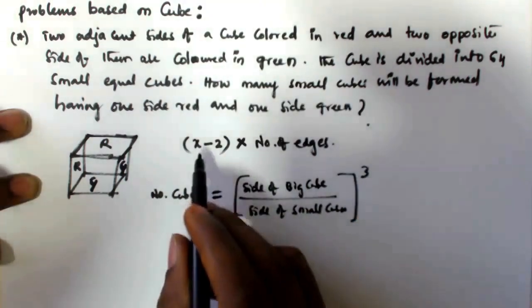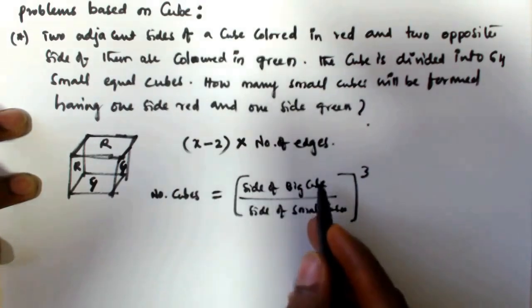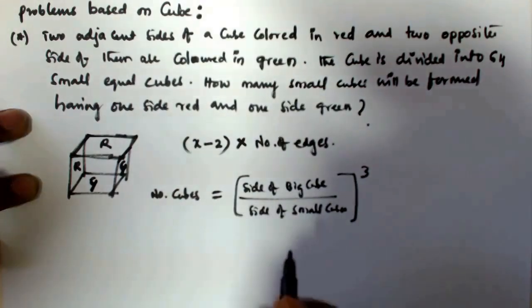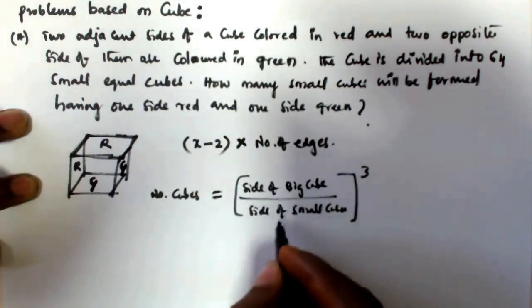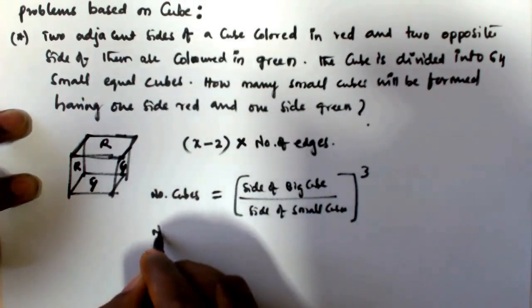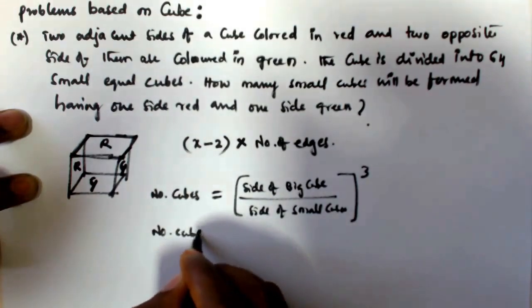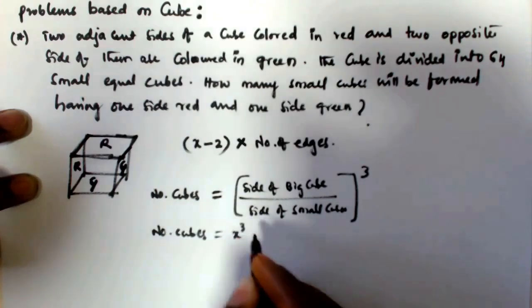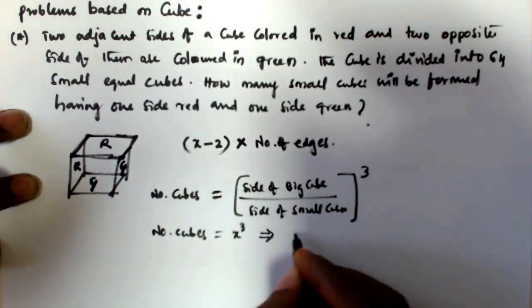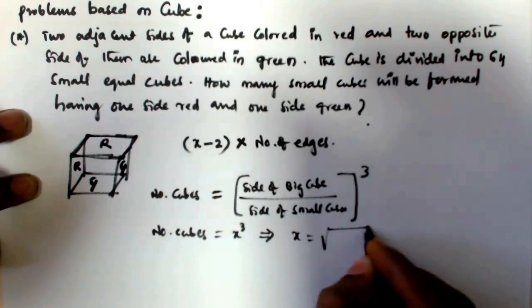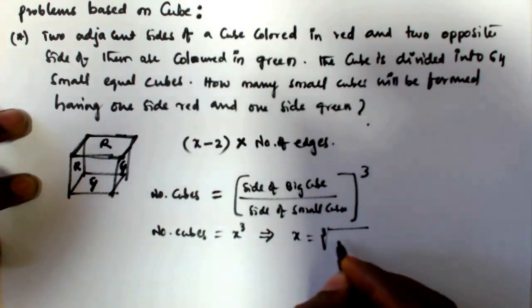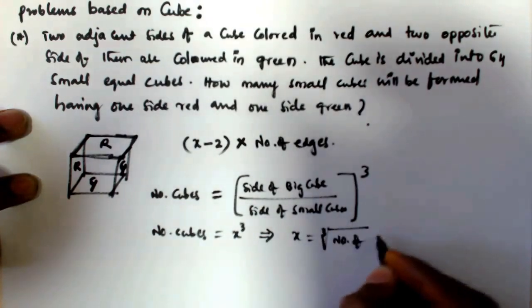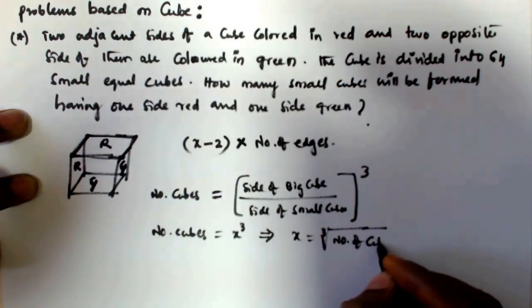So x is nothing but the ratio of the side of the big cube to the side of the small cube. So the number of cubes is equal to x cube. From this we can derive x is equal to the cube root of the number of small cubes formed.